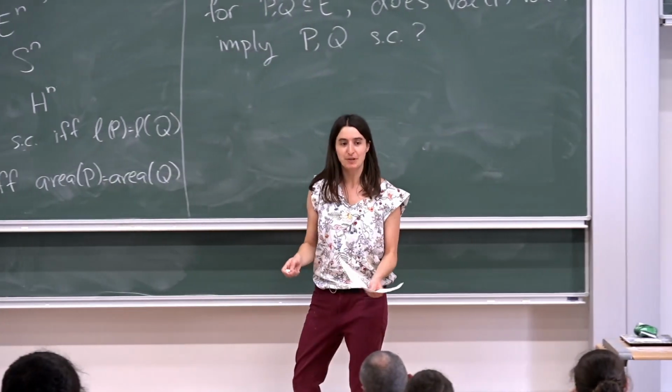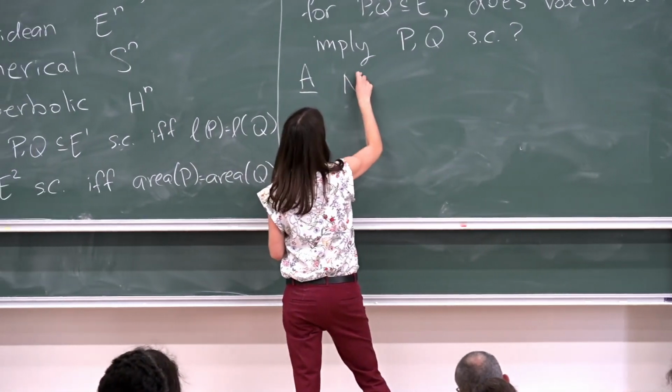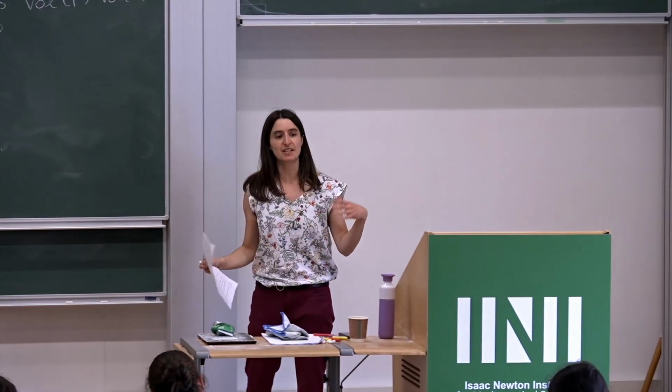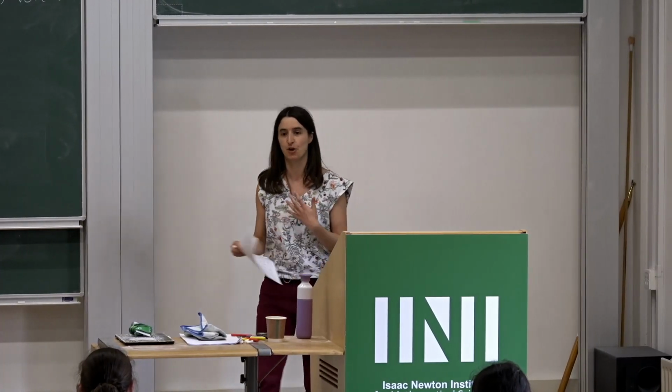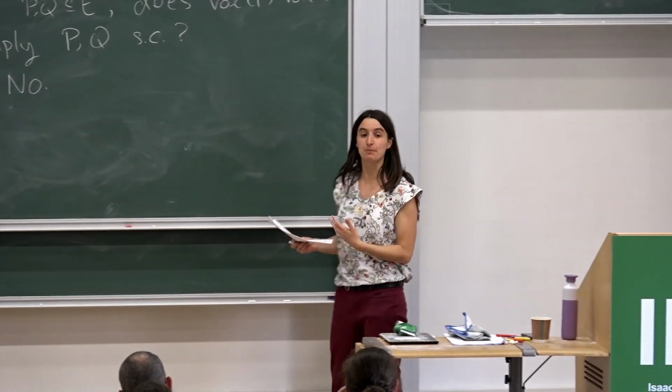The answer actually came pretty quickly, about a year afterwards, and the answer is no. Two polytopes that are scissors congruent will always have the same volume. Volume is a scissors congruence invariant. But the other implication is not true.